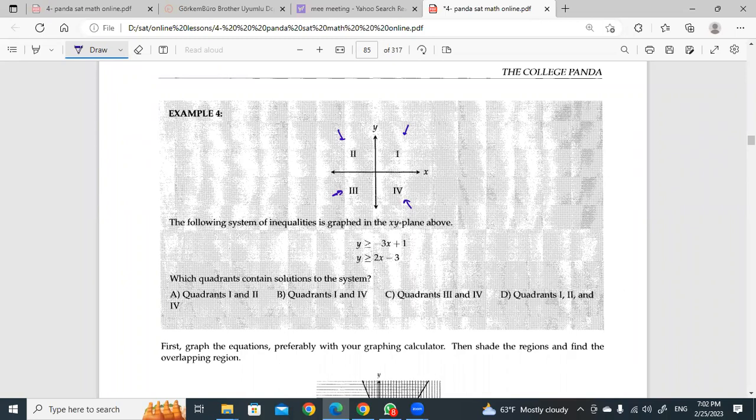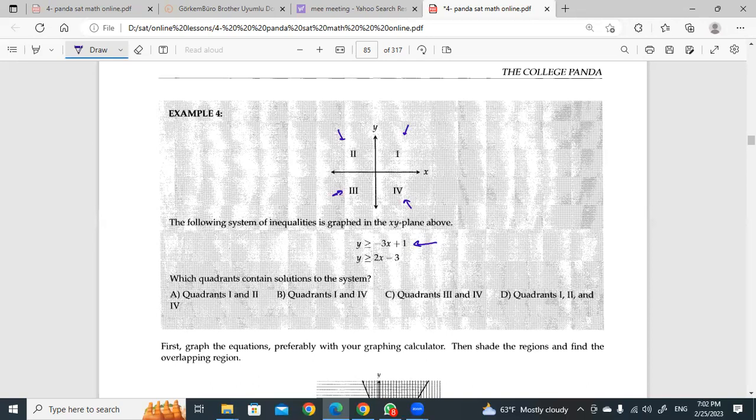So first of all, I have to go to the first equation. The first equation is y greater than negative 3x plus 1. So first of all, I have a slope which is negative 3. So the line I'm going to draw right now is going up or down? Down.